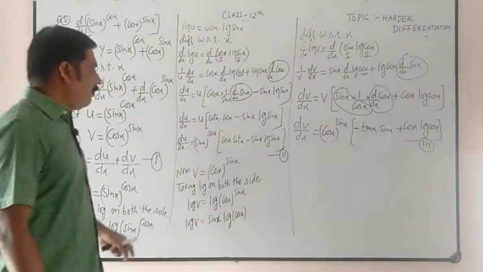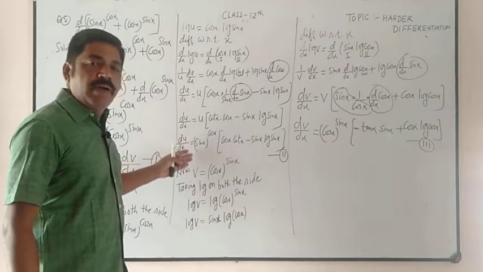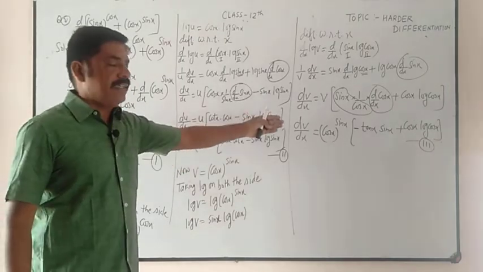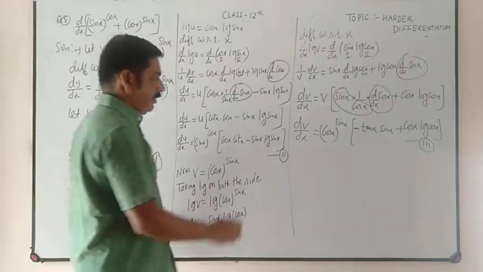Now putting the values of du by dx and dv by dx in equation number 1.